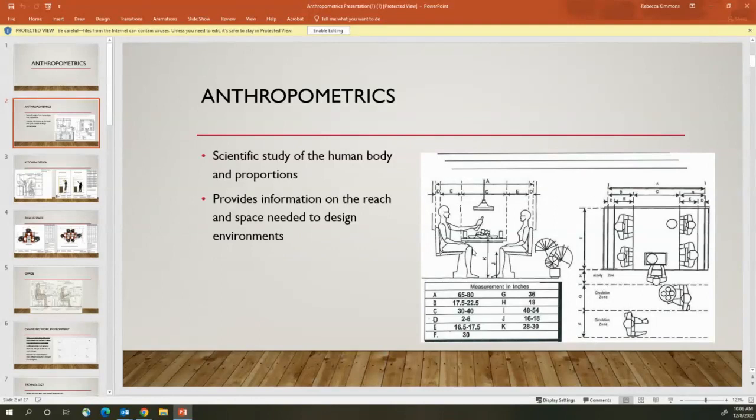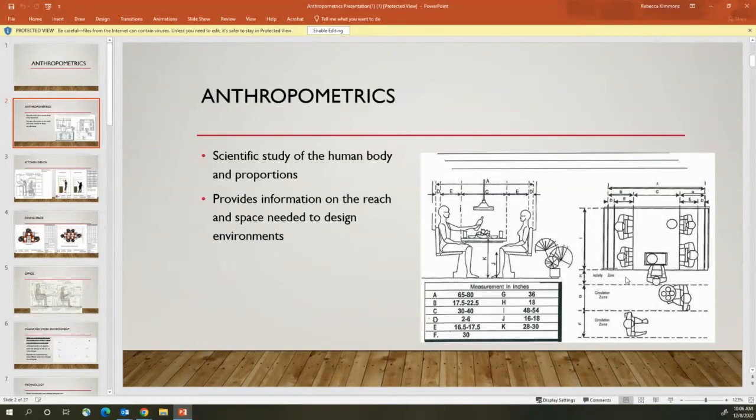We have been placed in a couple where the table's right up against you and it's extremely uncomfortable. We would always ask someone, please, can you shift this so that it's comfortable to sit? So it's good to know why this information is here.